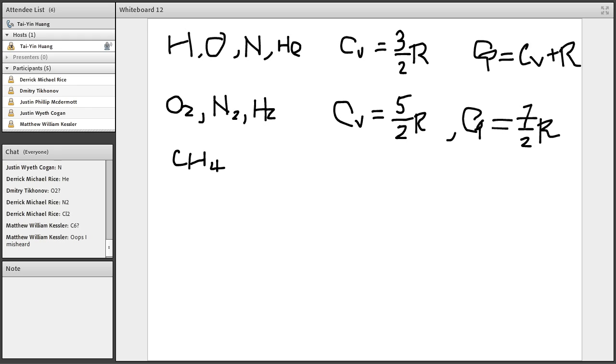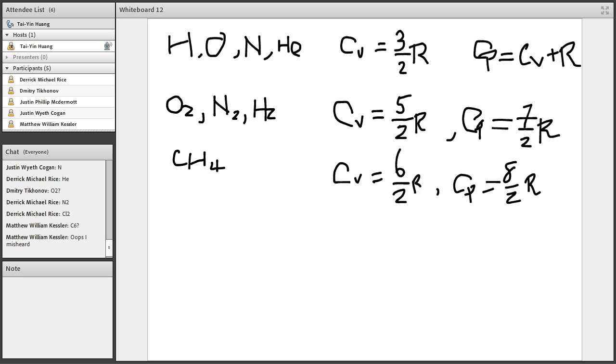So in that case, your CV is equal to 3 plus 3, so that's 6 halves R. Okay, so in that case, your CP value, of course, plus 1 R, will be this, times your R value.